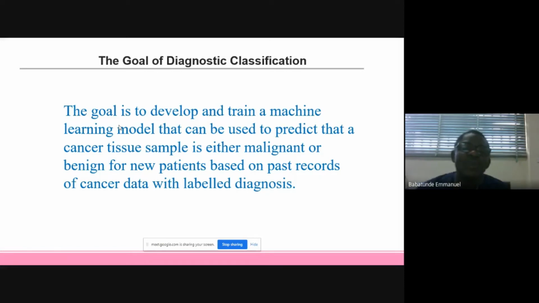In other words, having trained our machine learning model with the knowledge of the data that we have, we want to be able to predict, when we obtain a new tissue sample, on the basis of that experience, that this sample is benign cancer or it is malignant cancer. By benign, I mean it is healthy. And when it is malignant, it is unhealthy.